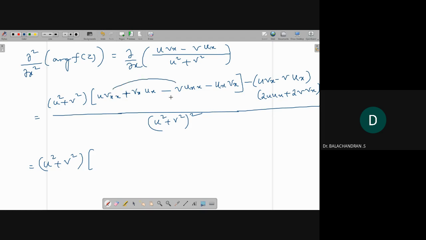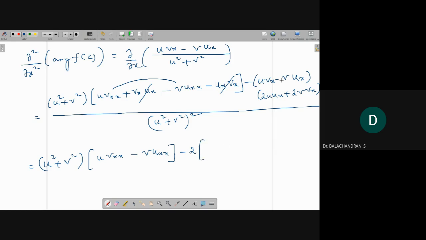So if I group these two, you'll get u vxx minus v uxx. And you can cancel these two, ux vx, ux vx. Now here, 2 is common.